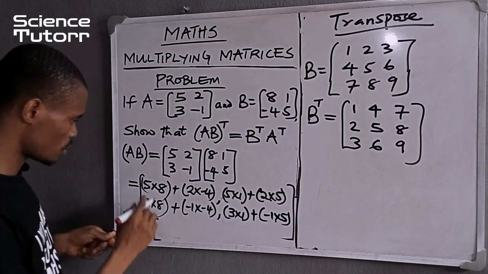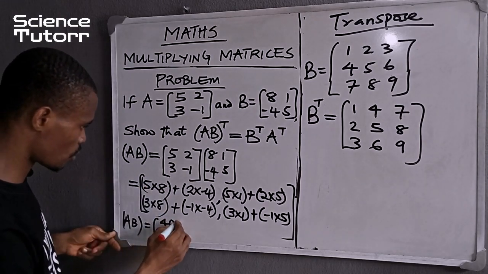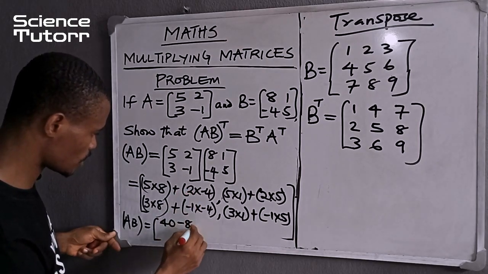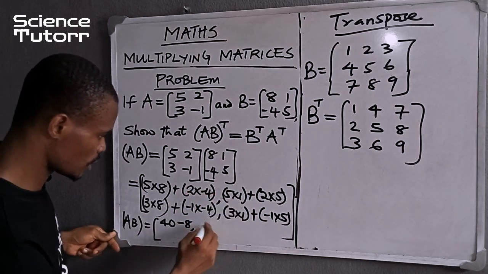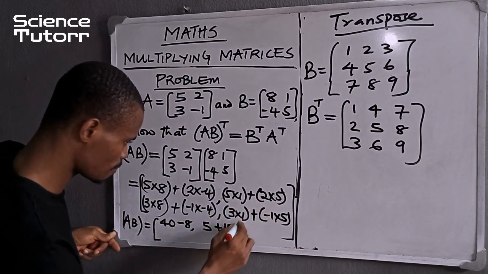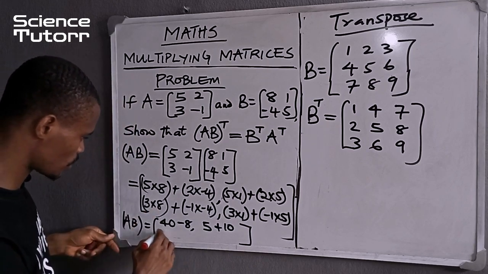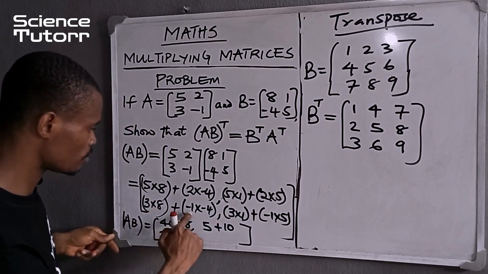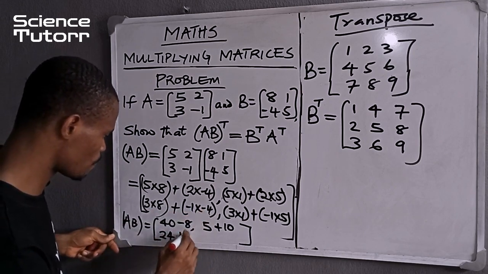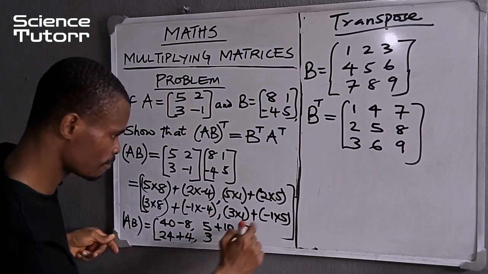At the end of the day, we are going to be getting our matrix AB to be equal to 5 times 8, this is 40, plus this times this gives us minus 8. This is 5 plus 10. 3 times 8 gives us 24. Minus 1 times minus 4 gives us a 4. 3 times 1 is 3.